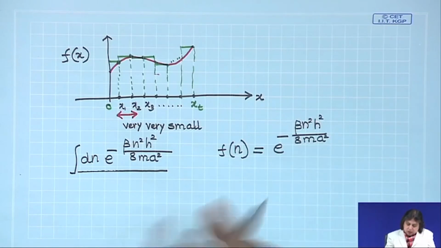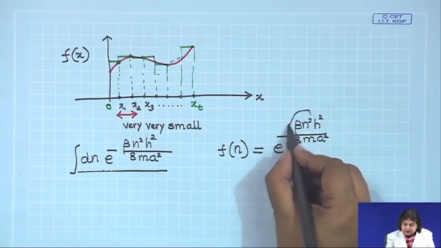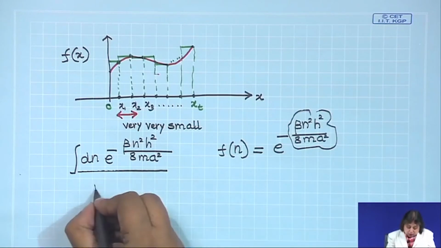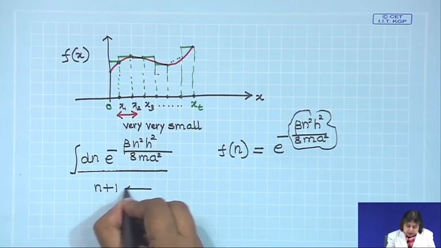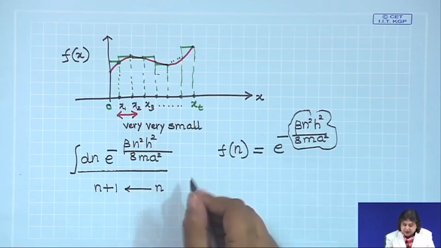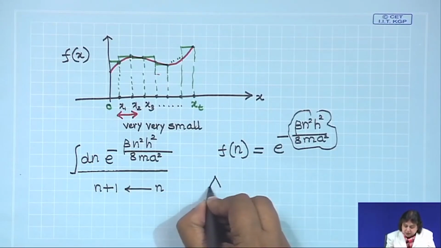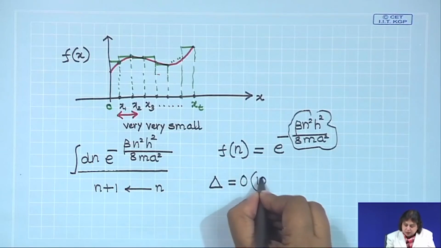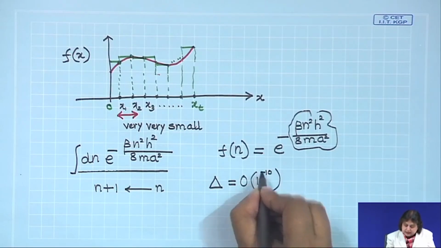Now, in this particular case, the n appears with all these numbers, and if you go from n to n plus 1, the delta, that means the change in the values of n, the corresponding functional change is of the order of 10 to the power minus 10.